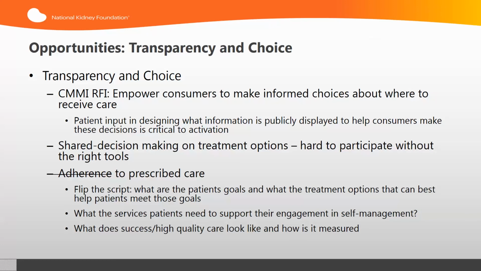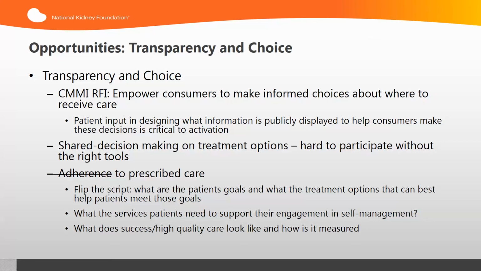And so CMS has gone back and been engaging patients more on that particular point. But I think throughout CMS, there needs to be more of that engagement of the patient up front, understanding what they base their decisions about where to receive healthcare on and what would be important for them to see. So I think that's an opportunity as well.